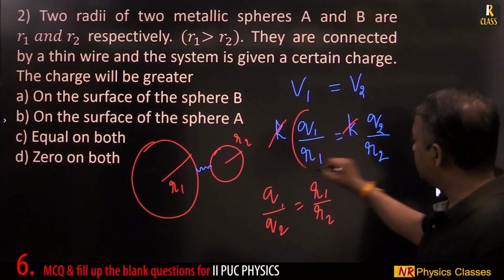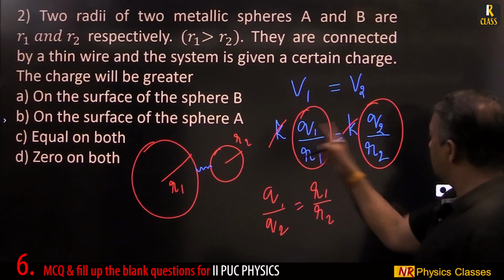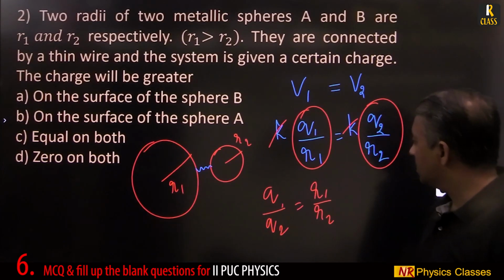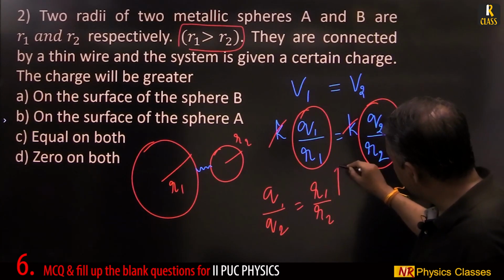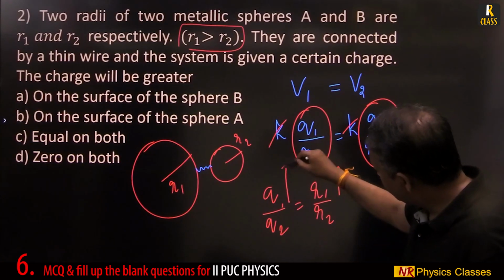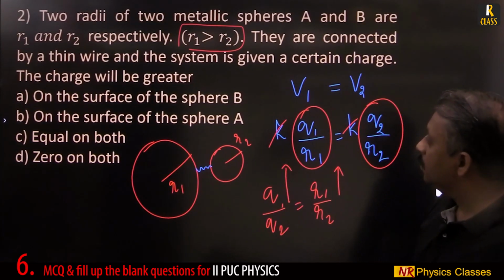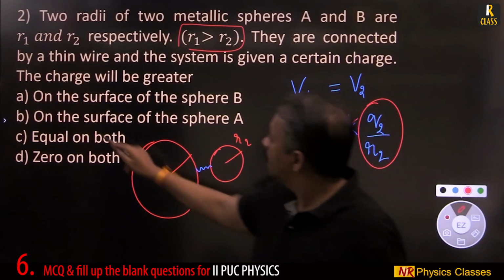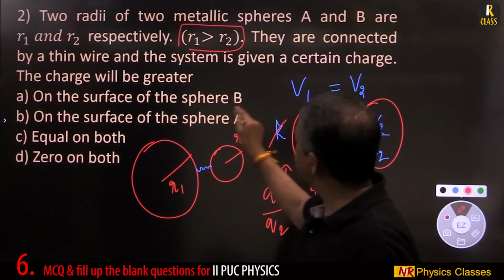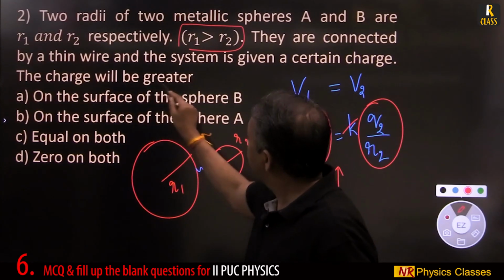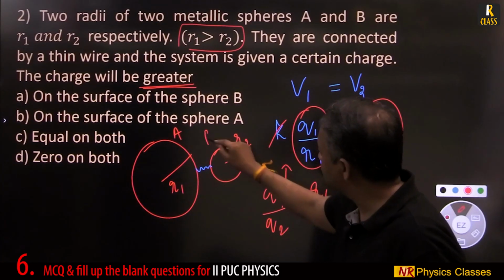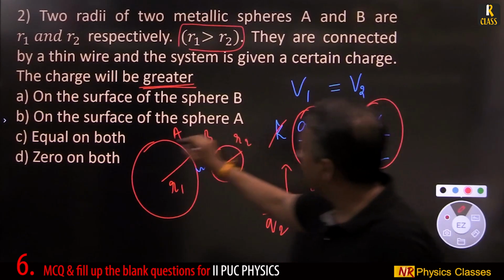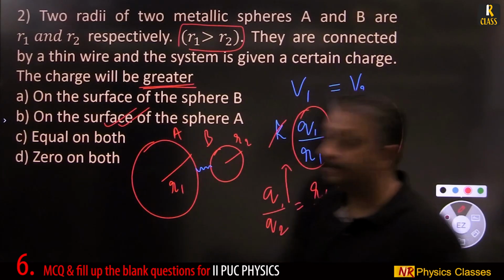Rearranging, Q1 by Q2 is R1 by R2. Since R1 is greater than R2, the numerator is greater than the denominator, so Q1 should be greater than Q2. This is A and this is B. On the surface of sphere A, the charge will be greater.